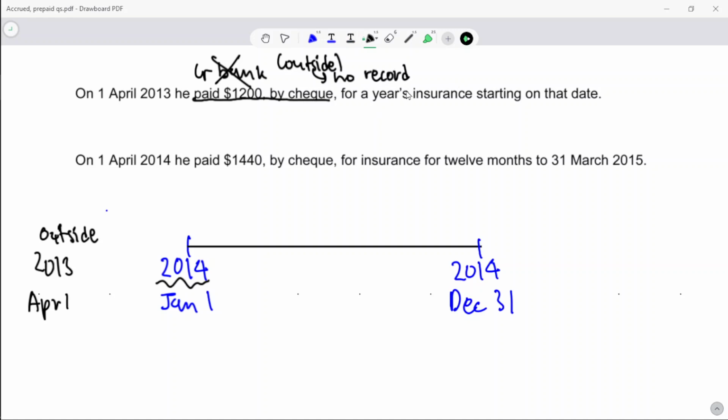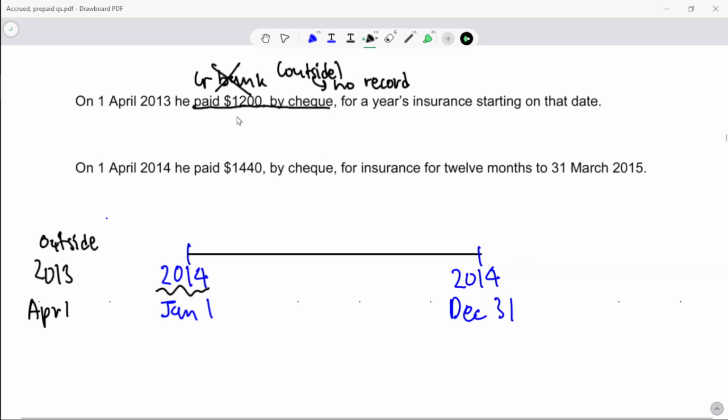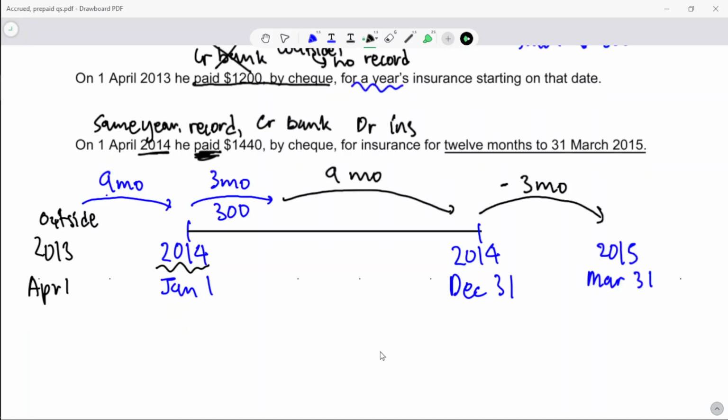So the thing now will be 1,440 for 12 months. So 12 months is 1,440.